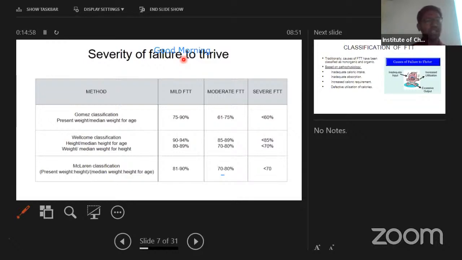In the Waterlow classification, it is severe when the height for age is less than 85% and the weight for height is less than 70%. In the McLaren classification, the present weight for height divided by the median weight for the height of that age, if that is less than 70%, then it is severe.